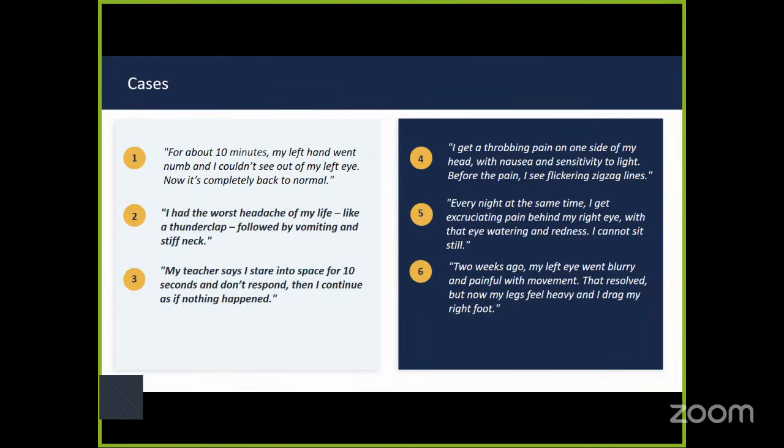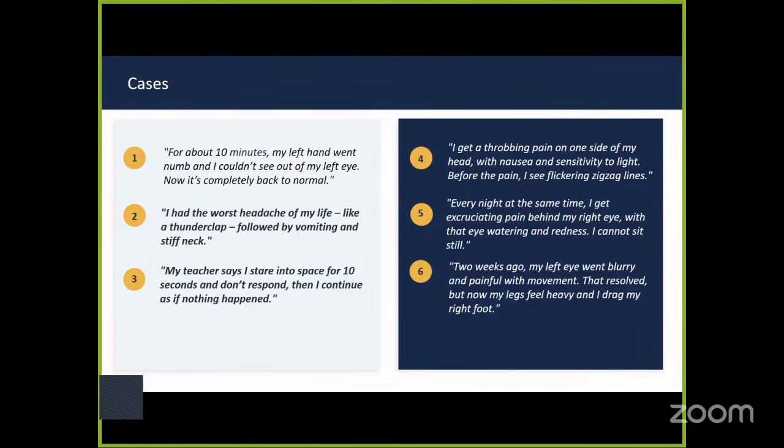For history one, we have a male patient saying that for a period of 10 minutes, his left hand went numb and he could not see through his left eye, but that immediately went back to normal. He did not have any similar events following that or prior to that.